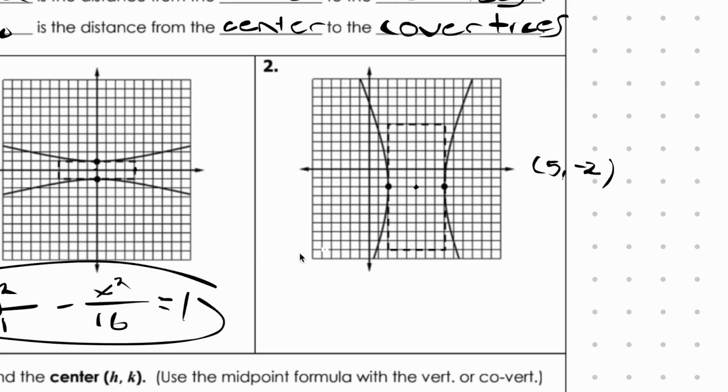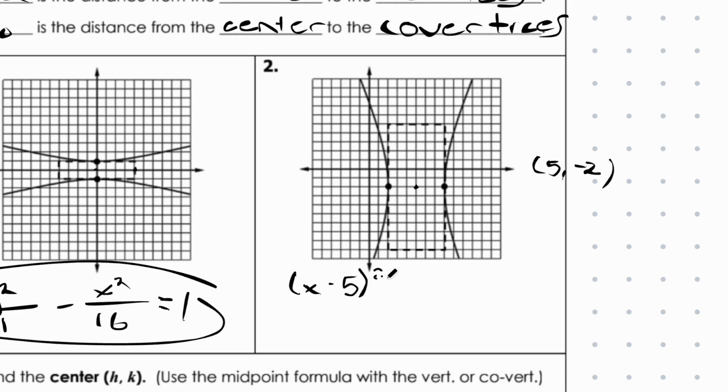And so that means, also, is this a vertical or horizontal parabola? It's actually going to be horizontal, so our x term is going to come first. So I'm going to write x minus 5, right?